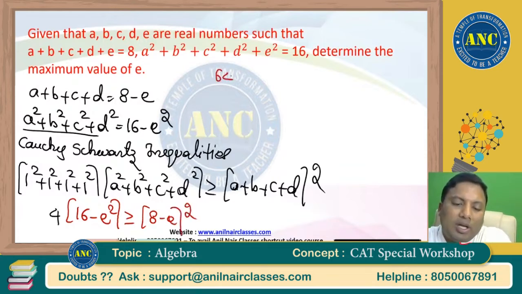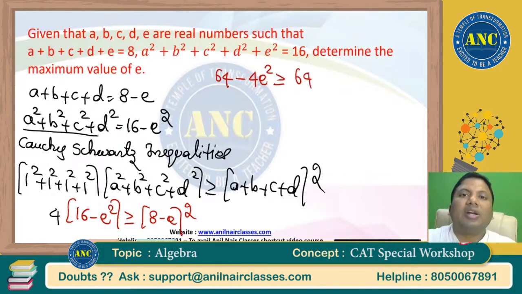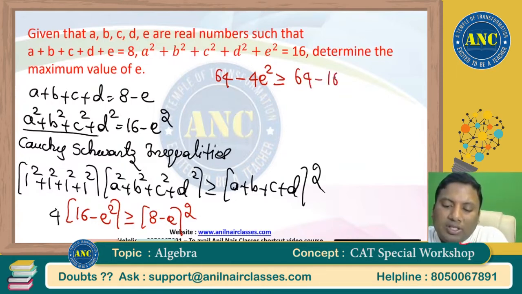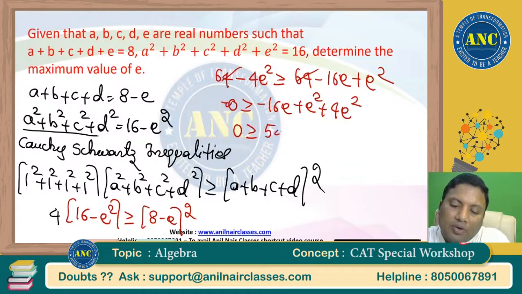These are nothing but 64 minus 4e square greater than or equivalent to 64 minus 16e plus e square, since 8 square is 64. 64 can be cancelled. So 0 is greater than or equivalent to minus 16e plus e square plus 4e square, which is 0 greater than or equivalent to 5e square minus 16e.